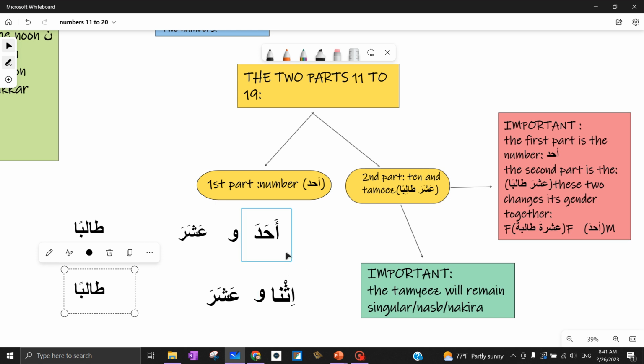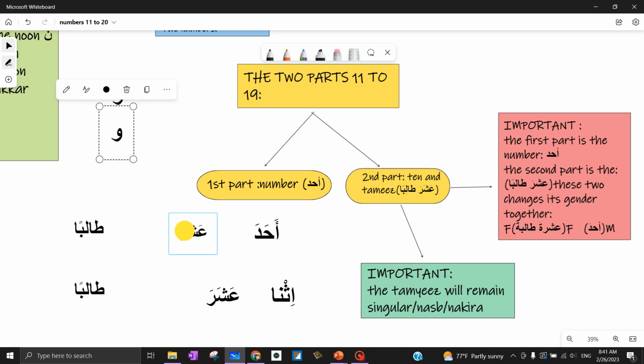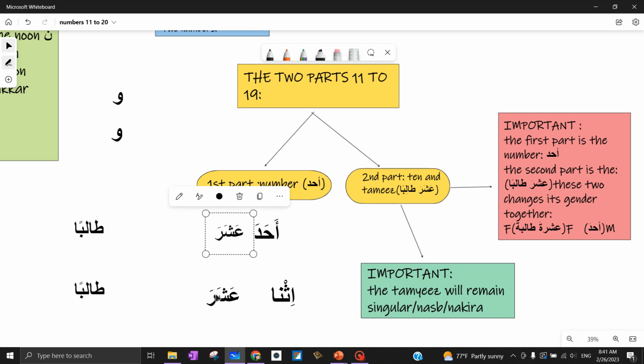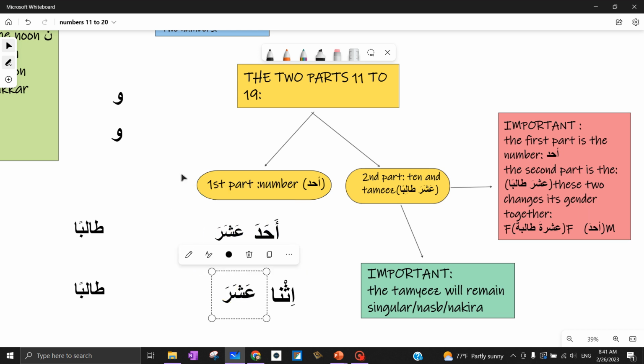So what happened? Between these two numbers, when the waw was removed, if I remove the waw from here, what happened? These two numbers became together and became one compound word, one compound number which is called murakkab.